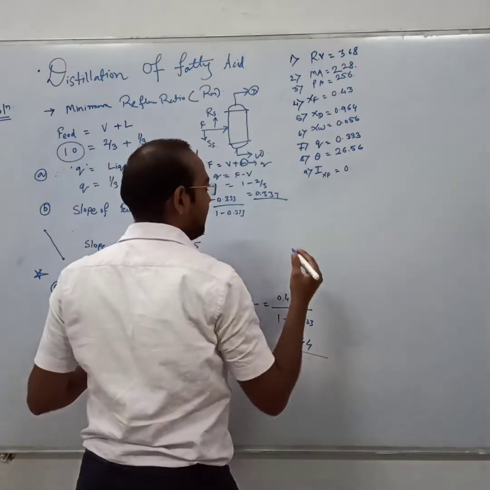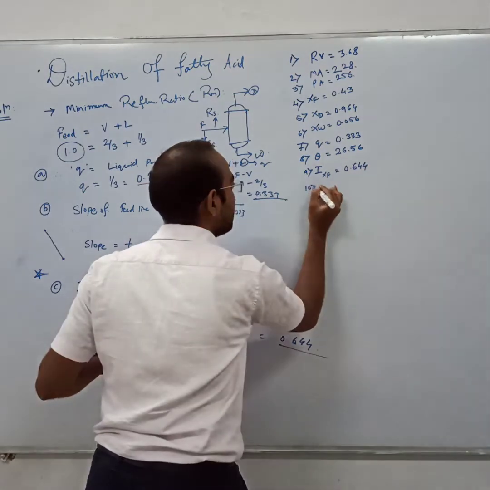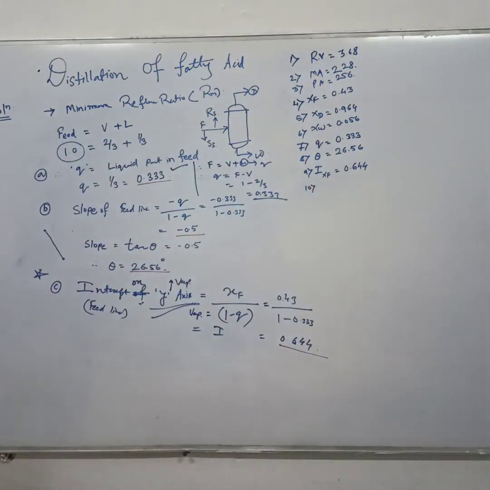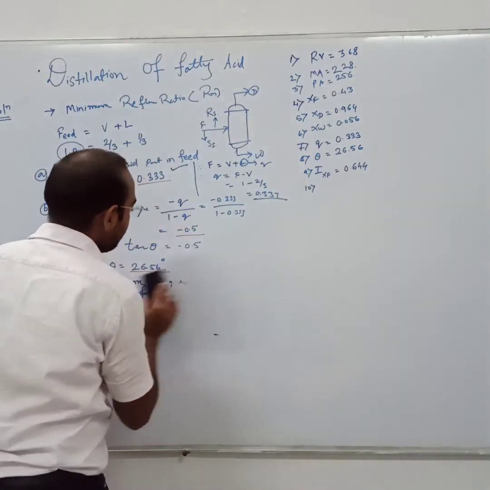Intercept of your feed line on y-axis 0.644. So these are the 9 values we have with us. Okay. Let's move on to the next part of our numerical.